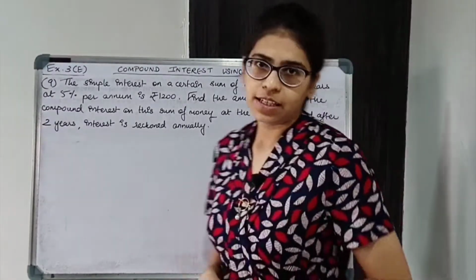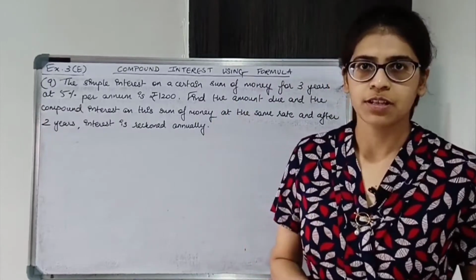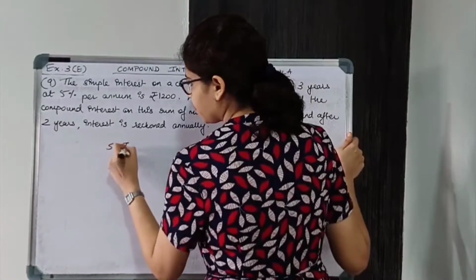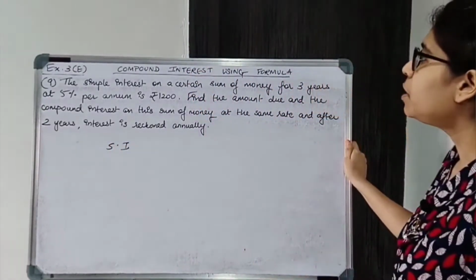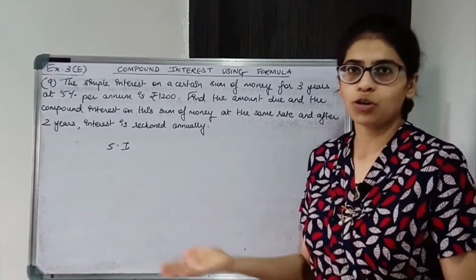Now it's very easy, okay? You are given two cases, one is simple interest, other is compound interest. So first we'll consider simple interest. Now the simple interest on a certain sum of money, that is principal, is not known, okay?